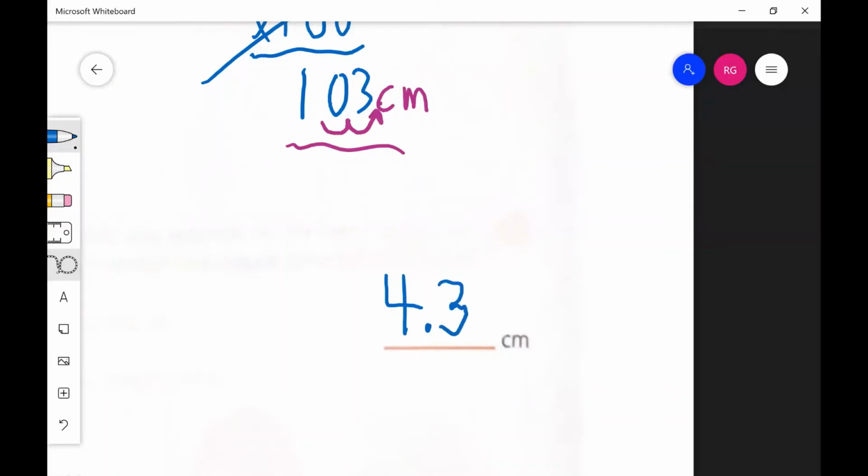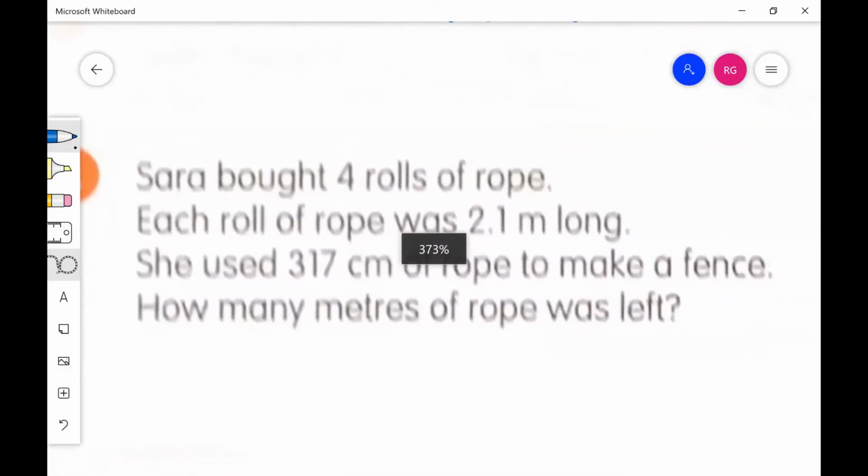Okay, and let's keep going. Sarah bought 4 rolls of rope. Each roll of rope was 2.1 meters long.